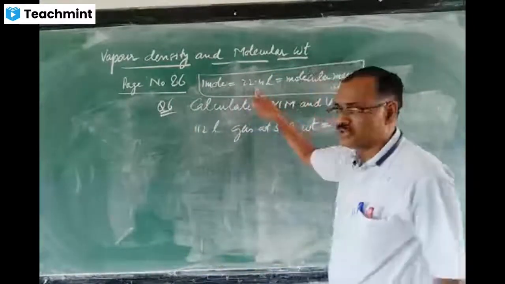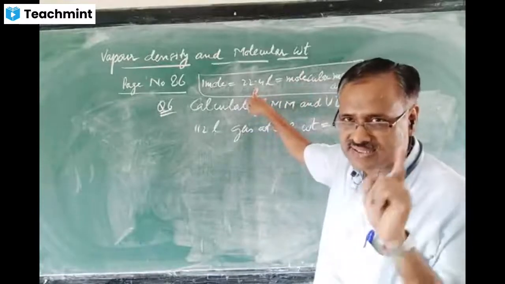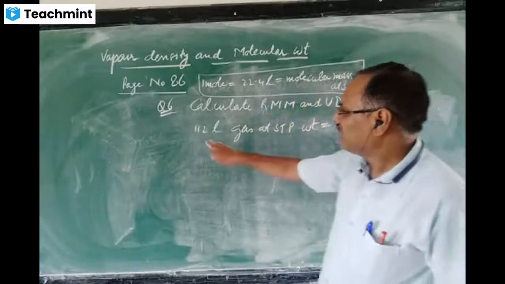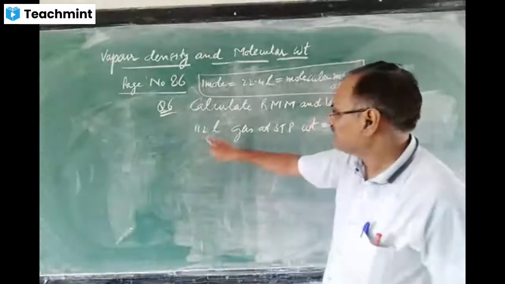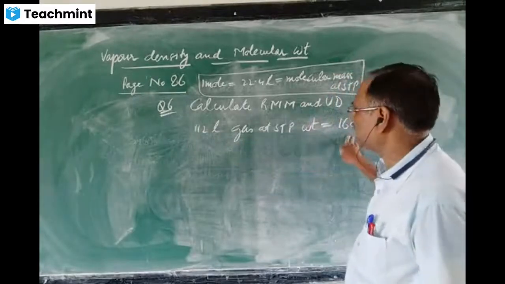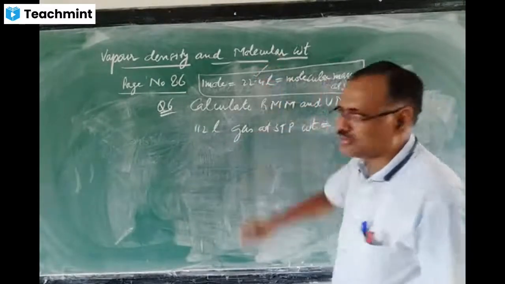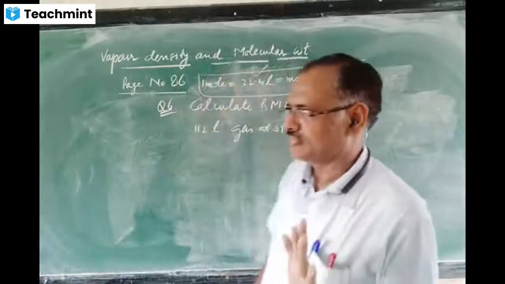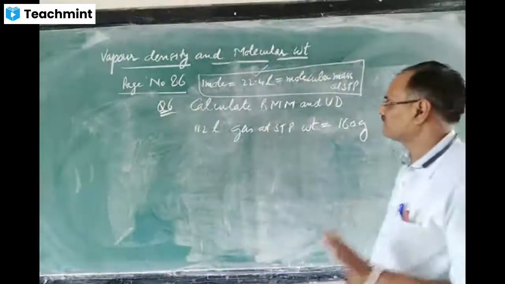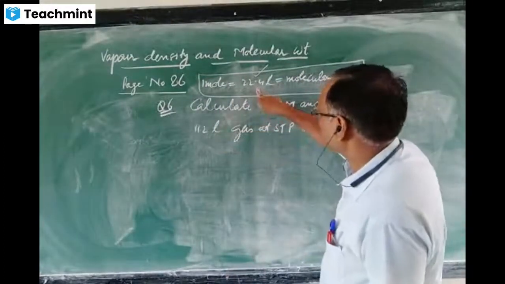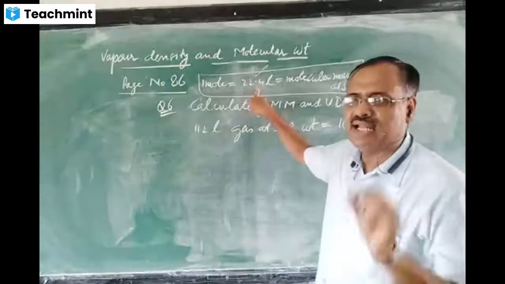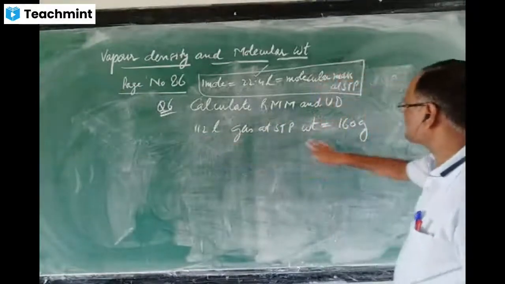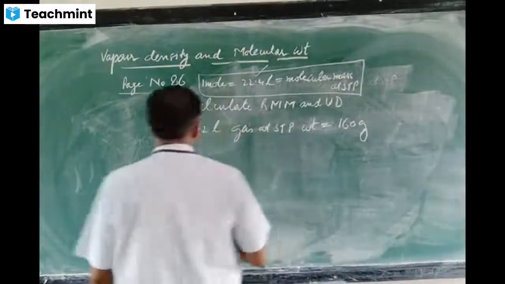Here the volume at STP is given, and the mass of that gas is 160. Can you calculate the mass of 22.4 liter? Yes, sir. Very simple method. So this 112 liter gas at STP weighs 160 gram.